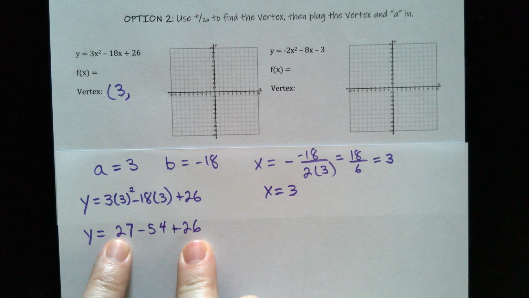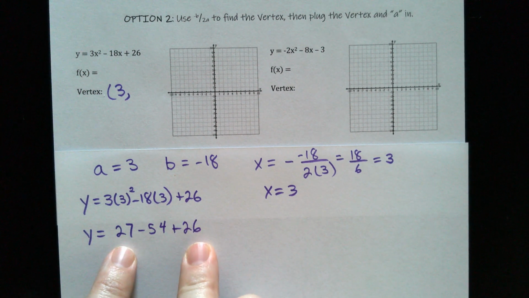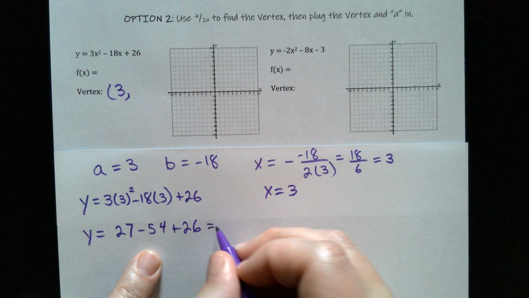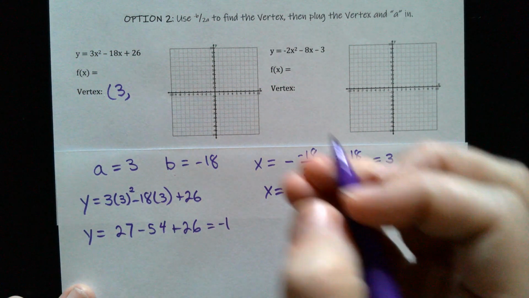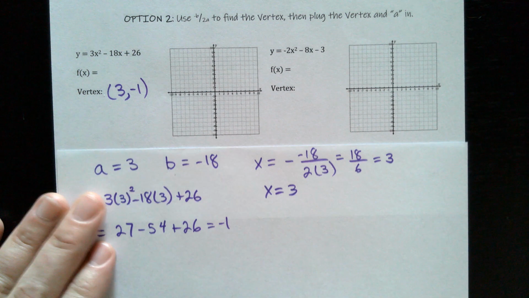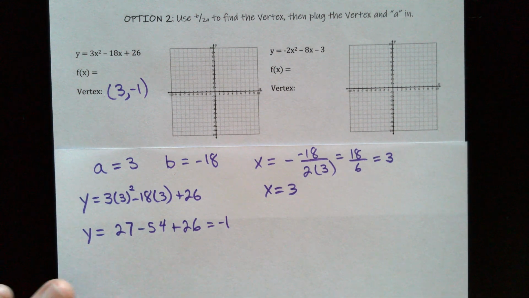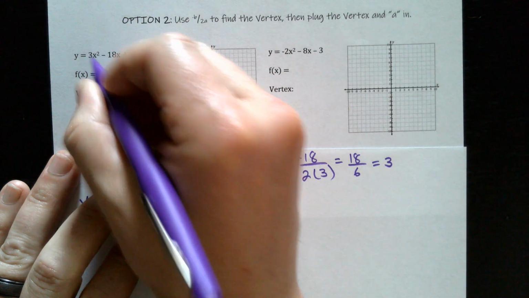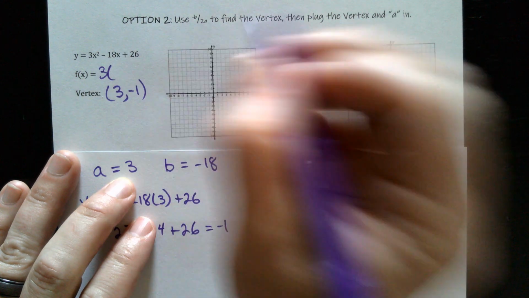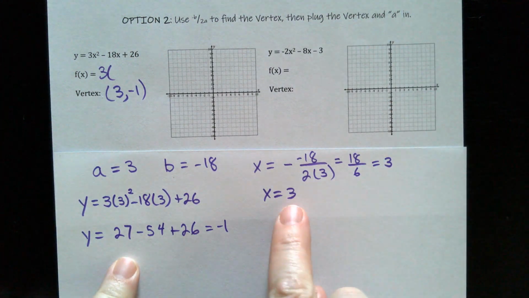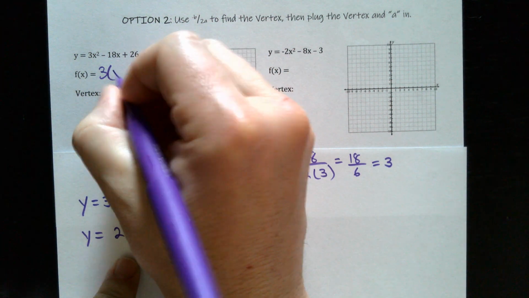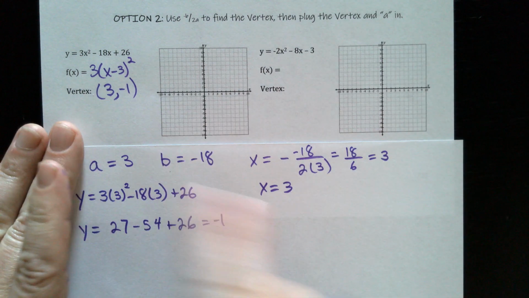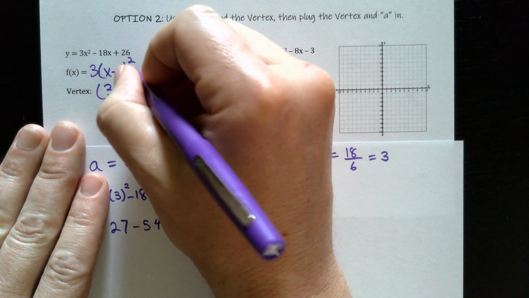Let's see, what do these two add up to give you? 53. So 53 minus 54 is negative 1. So our y portion is negative 1. Okay, and if you wanted to write it in vertex form, it would look like this. The a goes out front. There's the 3 times x minus 3 squared plus negative 1, or minus 1.